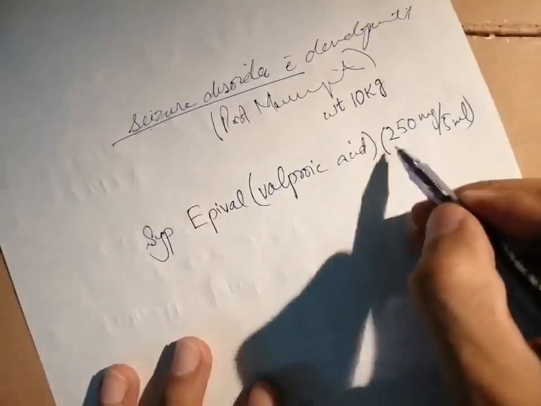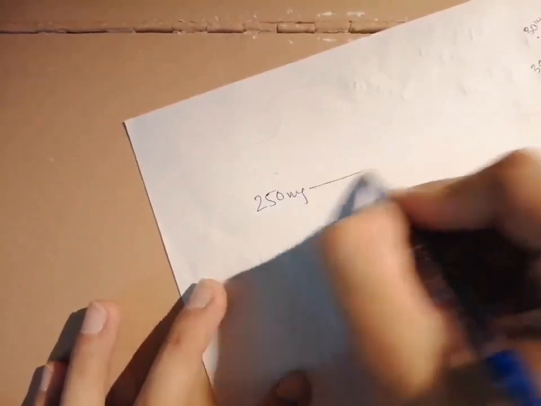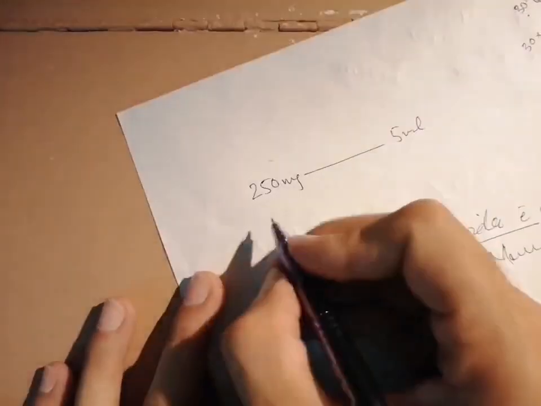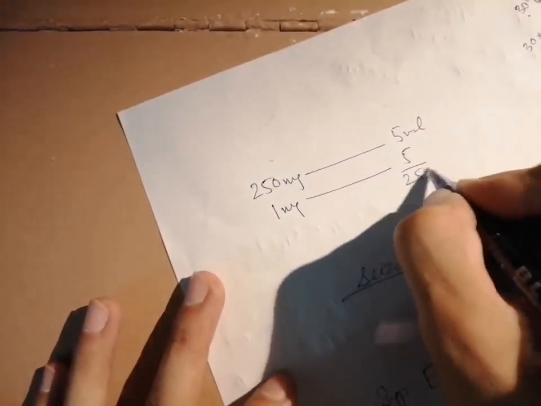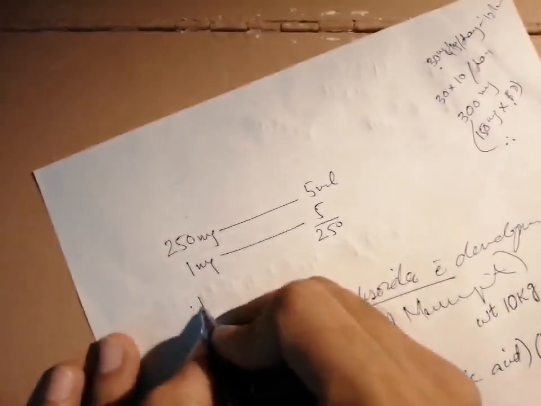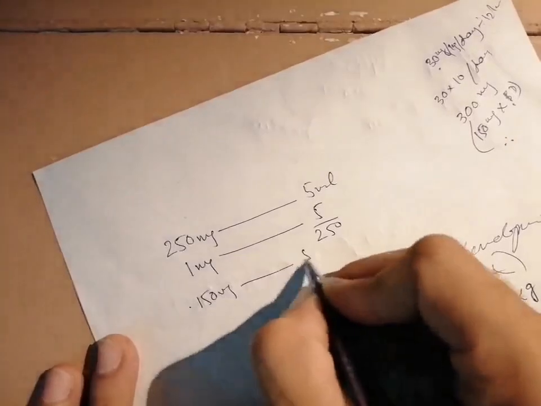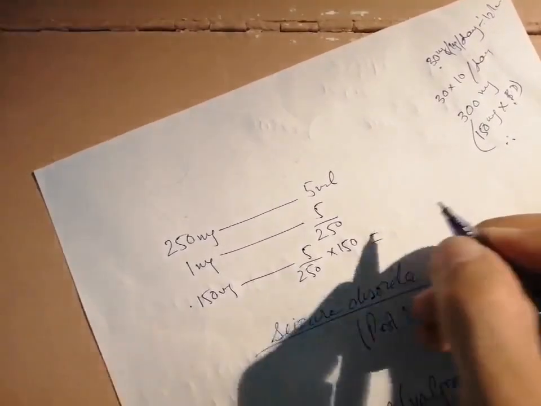The dose strength is 250 milligram in 5 mL. 1 milligram is in 5 over 250, and 150 milligram will be in 5 over 250 into 150. Let me use the calculator.